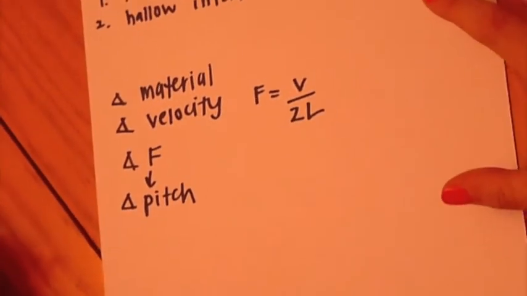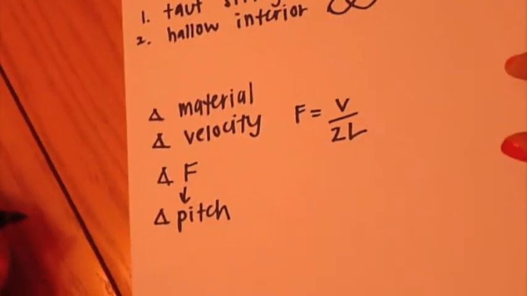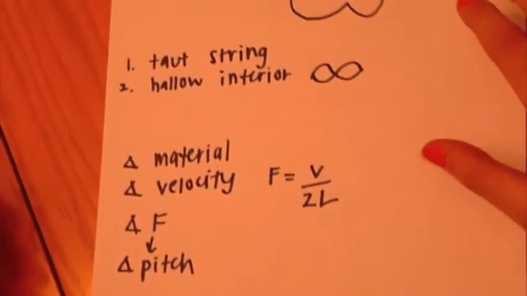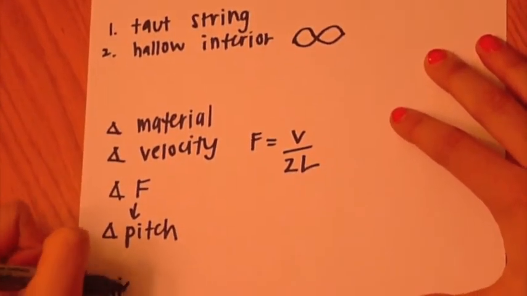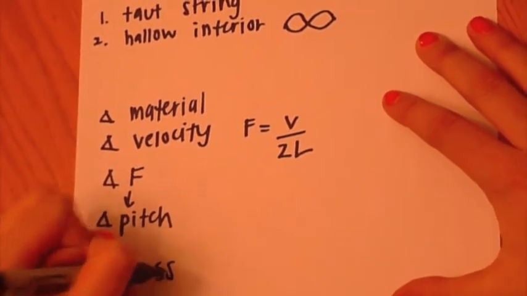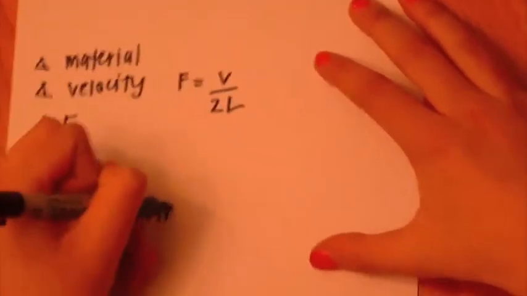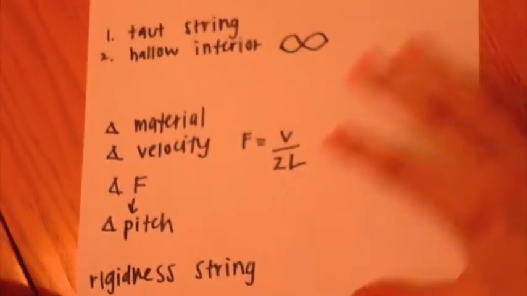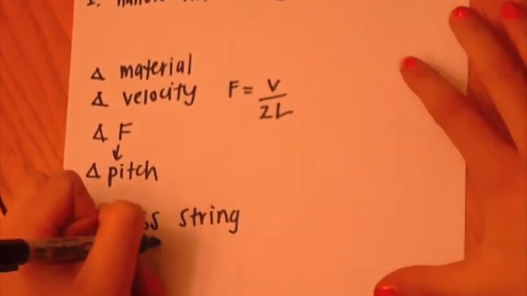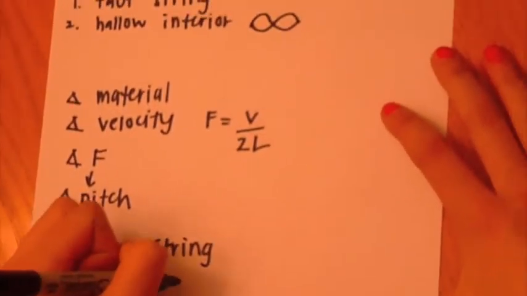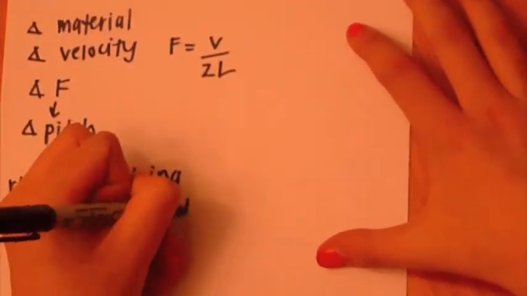A second way that pitch can change, the standing wave can change in a guitar, is if you change the rigidness of the string. This goes along with the same concept as the material. Rigidness affects velocity, so a change in velocity equals a change in frequency, which equals a change in pitch.